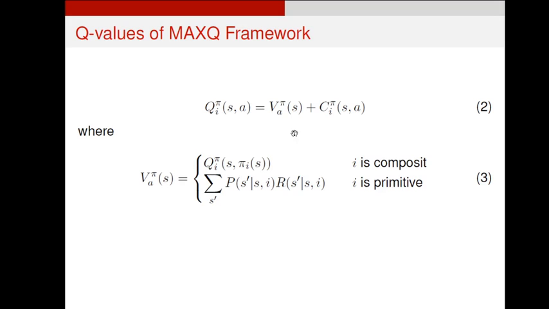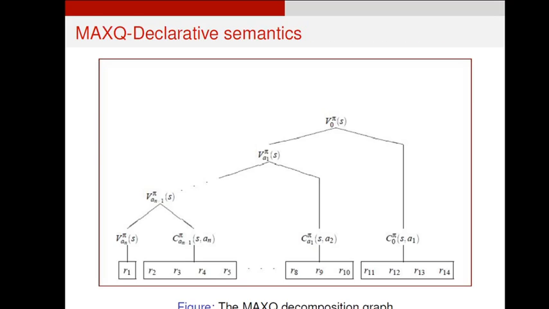So Qi pi of S comma pi i of S, where pi i of S is simply the action, applies if i is a composite one. If i is a primitive one, that means the end terminal, in that case it's a sum of all probabilities times the corresponding rewards. Let us look into this figure. This one is our primitive action. That means it leads to the end terminal.